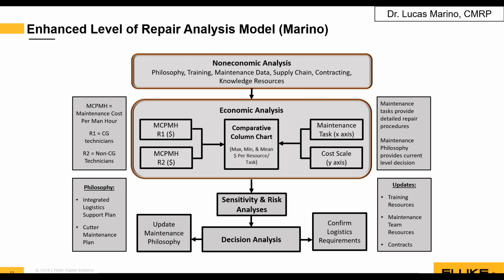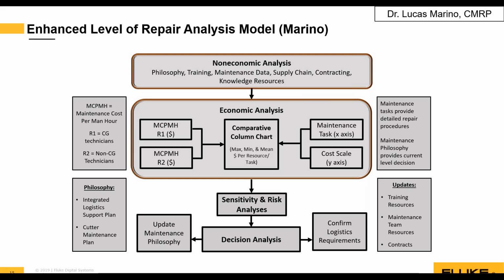We also have the maintenance tasks themselves and the cost of those items, for parts and consumables and all of the material costs and handling and everything that goes into getting a part onto the asset. We can take all of that, compile it, and look at the comparison between different resources.